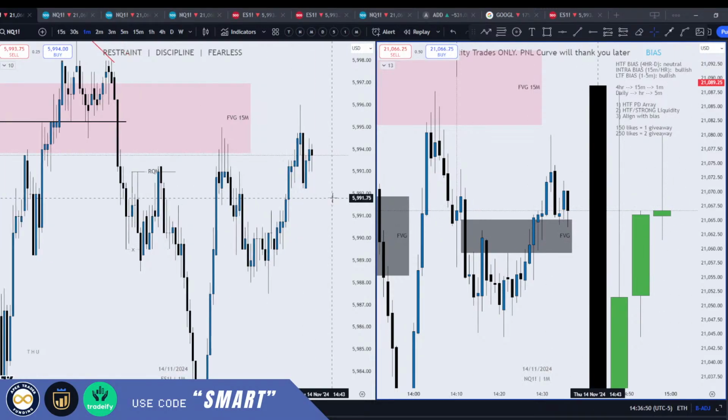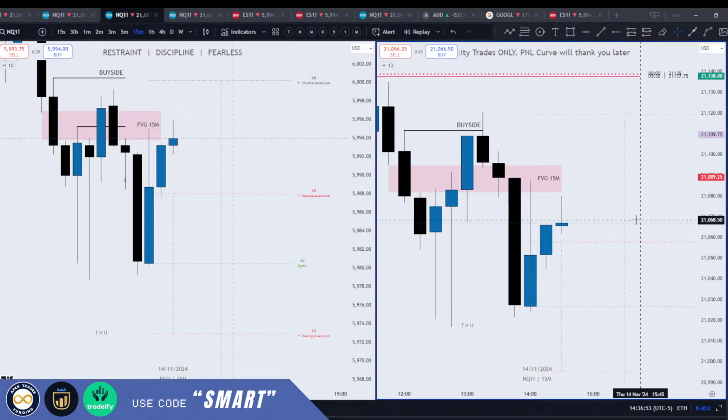Price is a little sluggish right now. Just building up for Powell, I think.